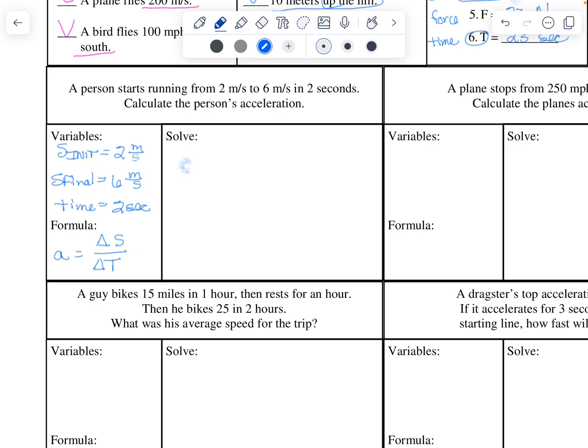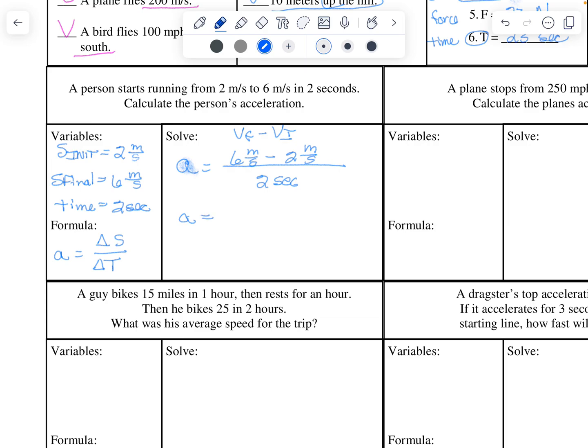Let's solve. My acceleration will equal, I'm going to take my VF minus VI, so that will be 6 meters per second minus 2 meters per second divided by 2 seconds.